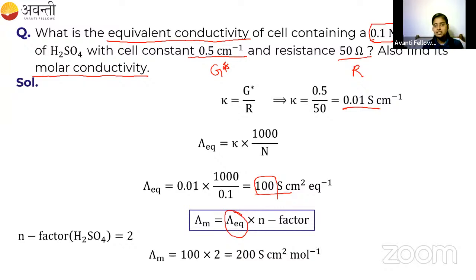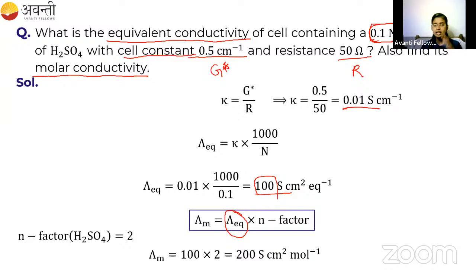So first of all, you have to understand the terms or the values which are given, and you should be able to identify the terminology for each given value. Suppose it is a 0.1 N solution, the N means normality, which is a concentration term. And we are provided with the cell constant, denoted by G star.